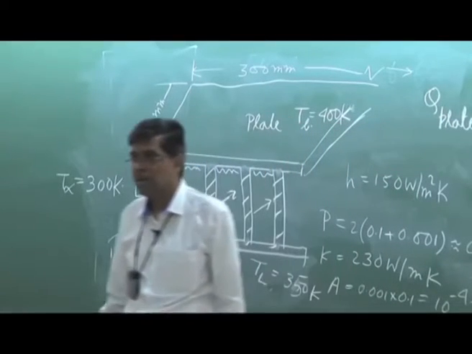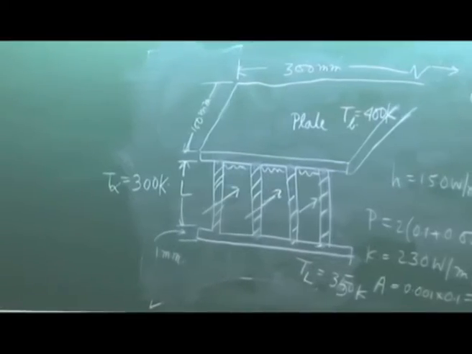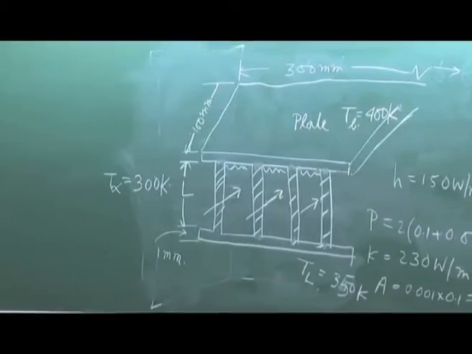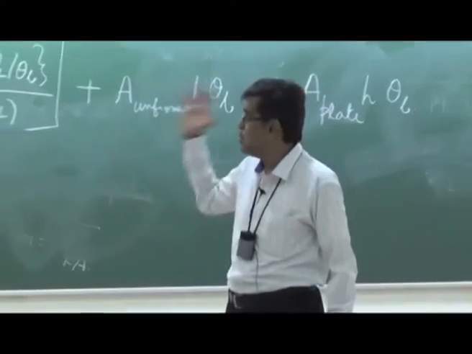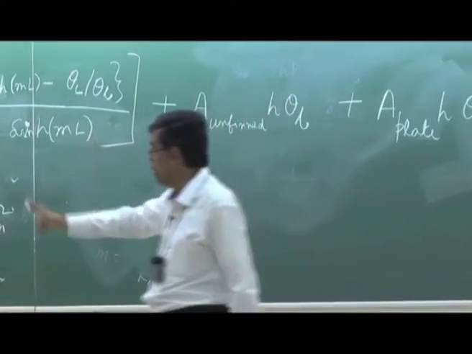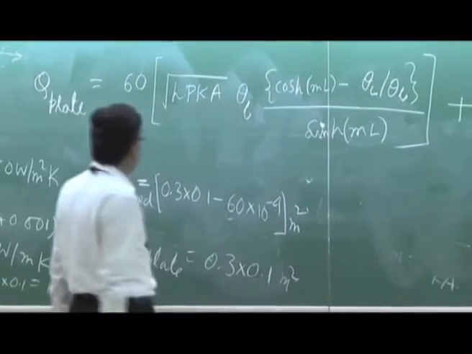That's all. Fin problems are all direct applications of the equations we have developed. But you don't have to remember the equations; you will only derive them and use them. This problem is clear.